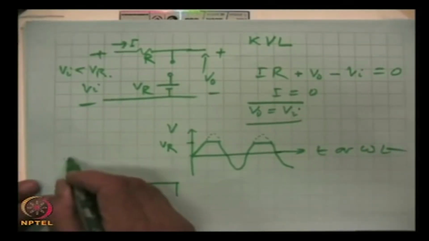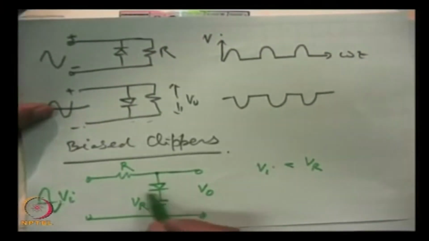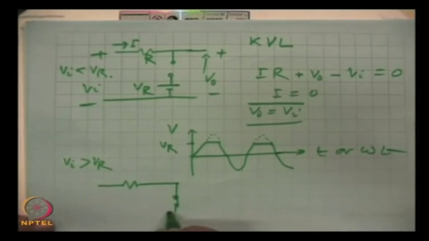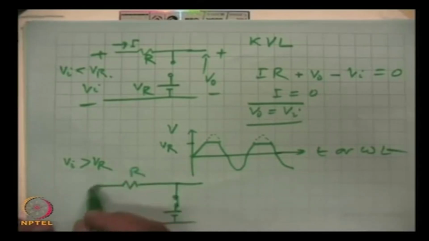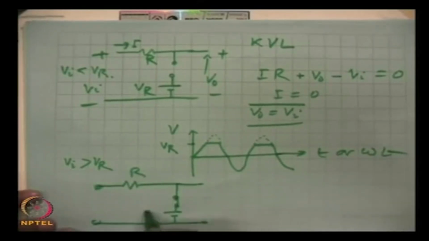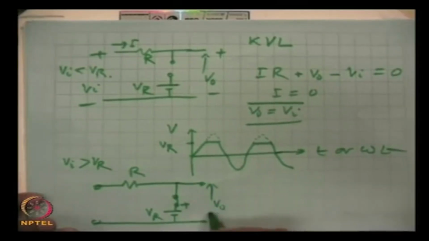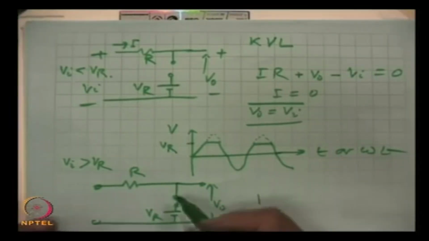For any voltage Vi greater than Vr, this diode will be forward biased. Diode will be forward biased. So, this is almost a short. So, this is shorted here and this is the reference voltage, and this is Vr with plus V0, and in this case V0, this is shorted.